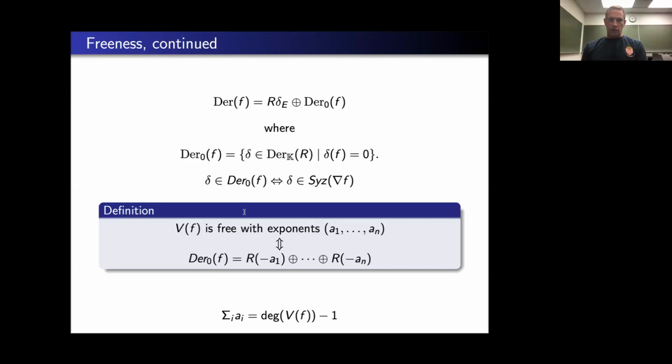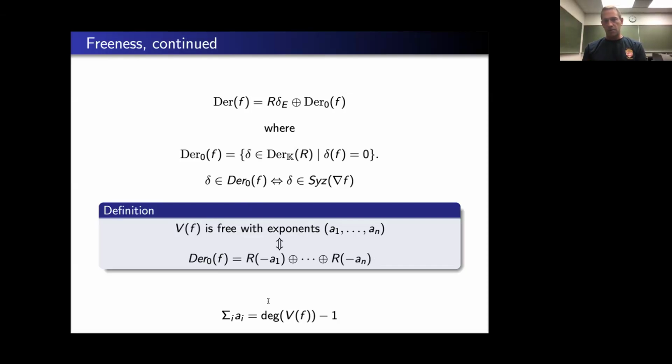And so we say that this hypersurface is a free hypersurface exactly when this module of derivations is a free module. It splits as a direct sum of copies of R. It's terrible to have abstract definitions without examples, so we'll see an example in a second.